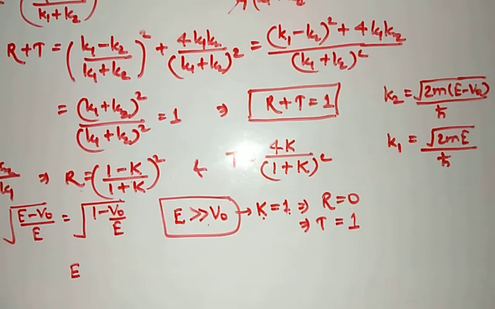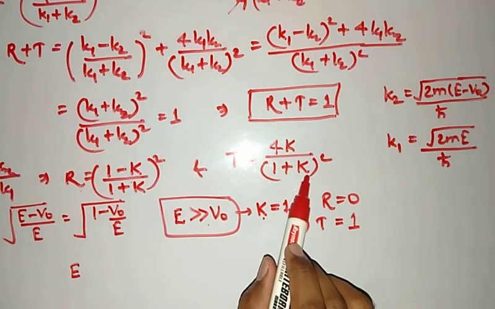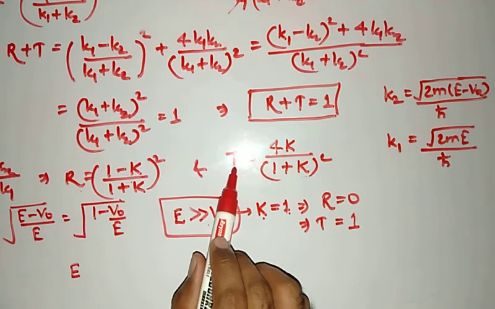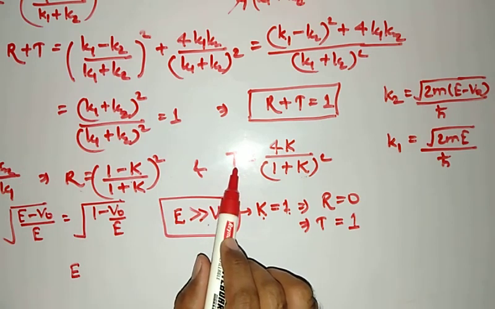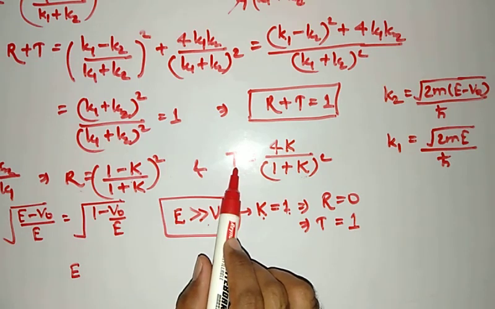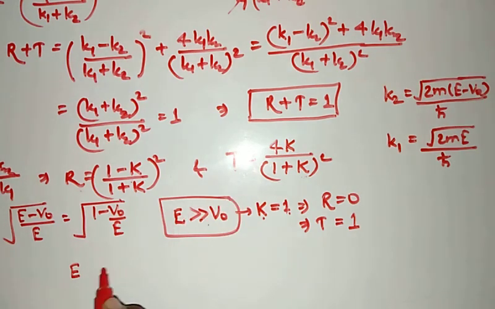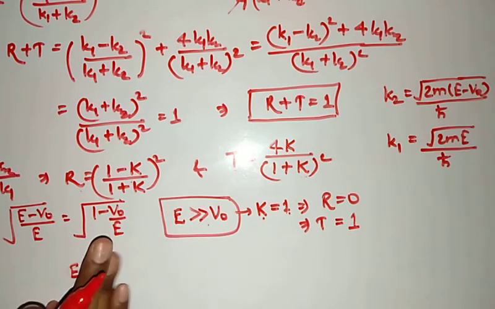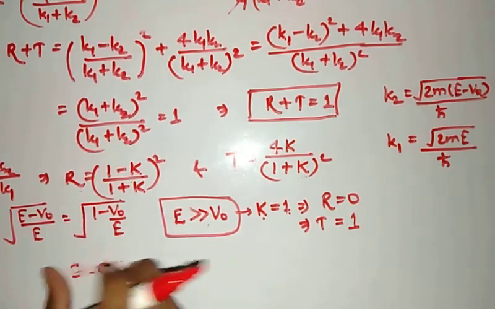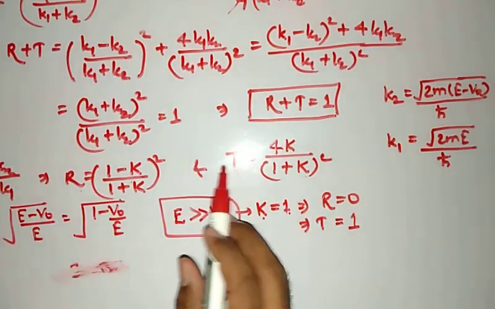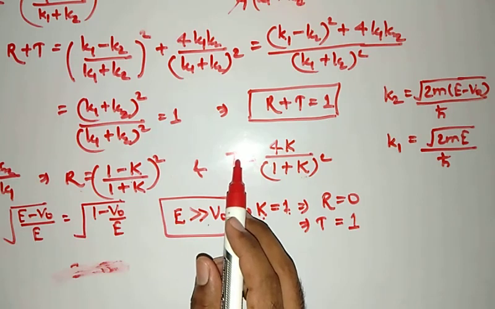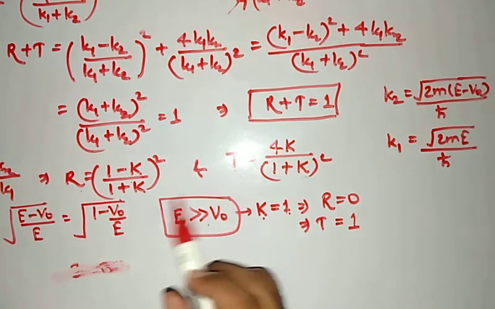When K will be higher, then T will be smaller. So if E is much less, then T will be considerably small, T will be 0. There will be only R equal to 1.